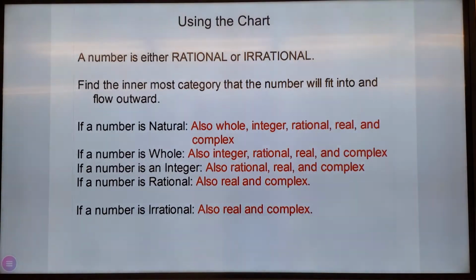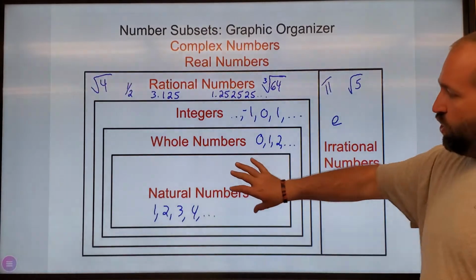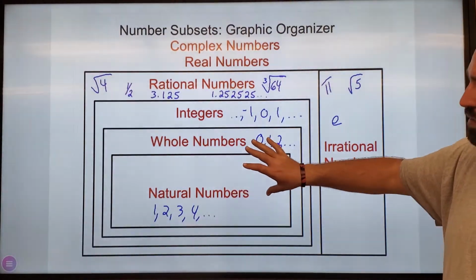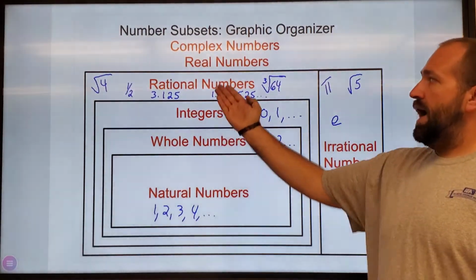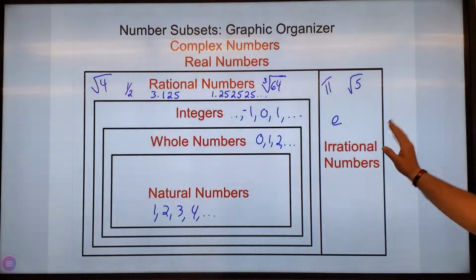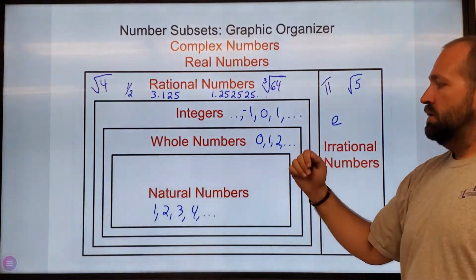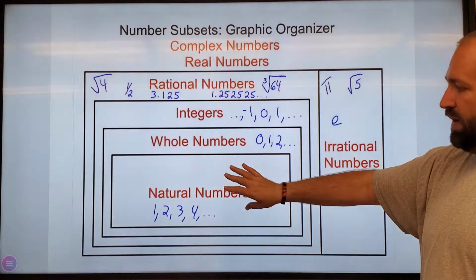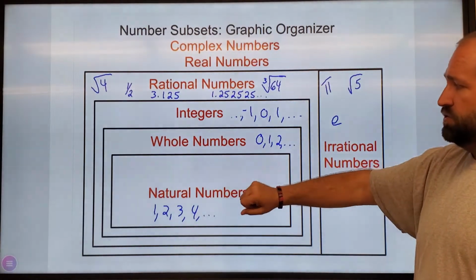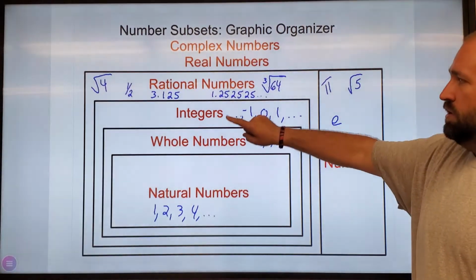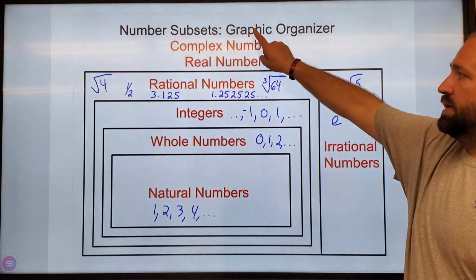If I start from that innermost category and flow back through this chart, then part B is everything flowing outwards. It doesn't veer over this way, it just flows from here and goes out. So if I said 5, A would be natural numbers, B would then be whole, integer, rational, real, and complex.